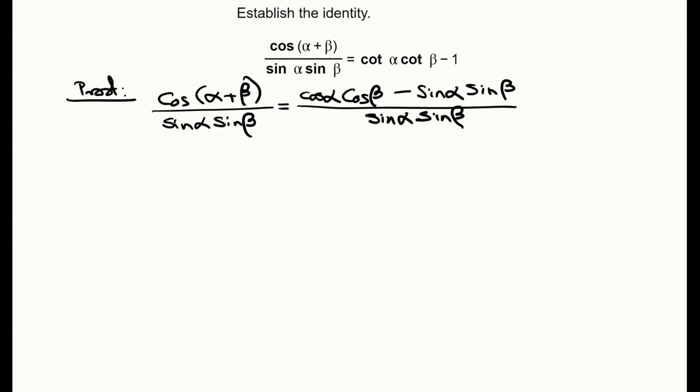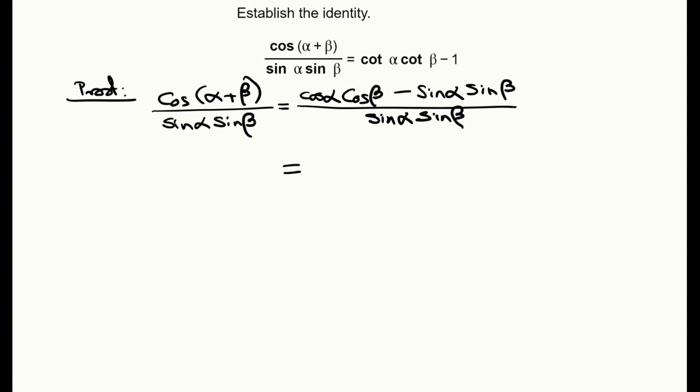All right, so next I look at this and I say to myself, what else can I do? Well, I have a combined fraction, so maybe I can split it up. Not only that, but I noticed that, hey, that would end up with a cosine over sine situation, which should be helpful for me. So next we'll go ahead and do that.